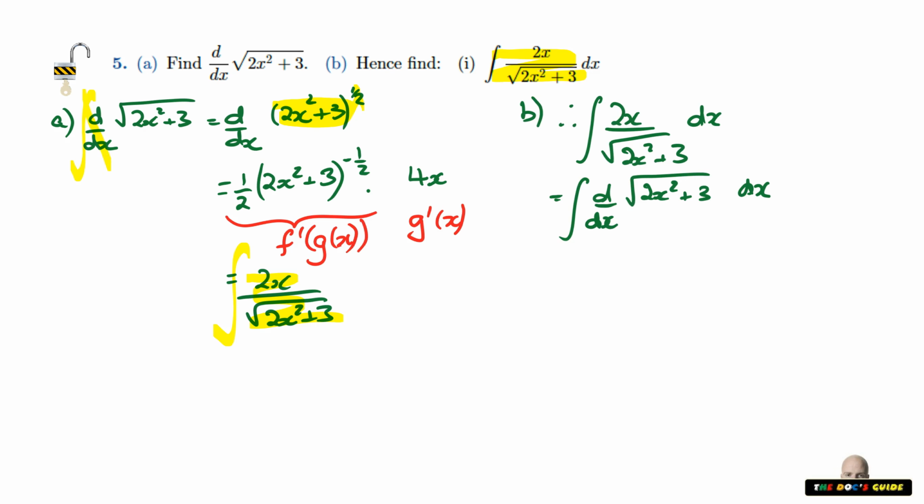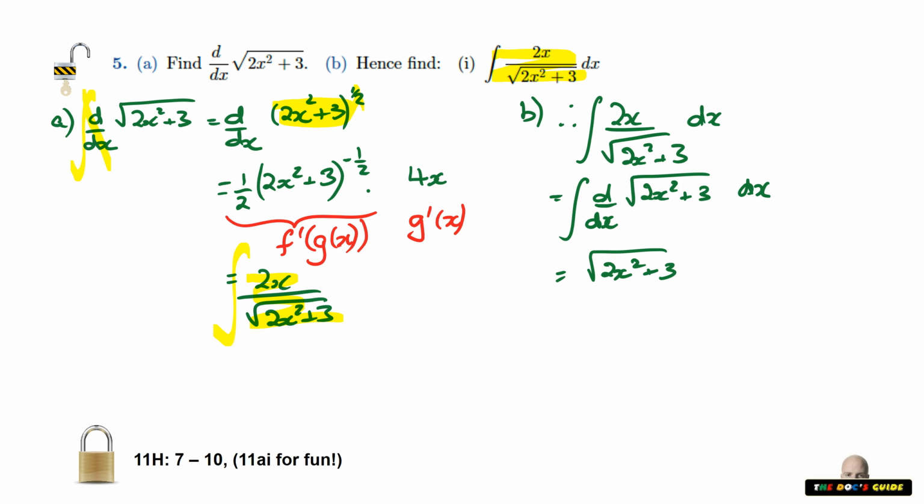So that second part is almost trivial after that. The integral of 2x on the square root of 2x squared plus 3 is the integral of the differential of that, which of course is that. Now you notice that we're not putting in constants of integration here. It's a sort of a special exemption for these sort of questions because we knew what we started with. So it's not like we're wondering what we differentiated to begin with. We knew exactly what we differentiated.